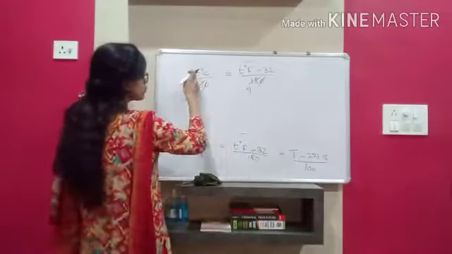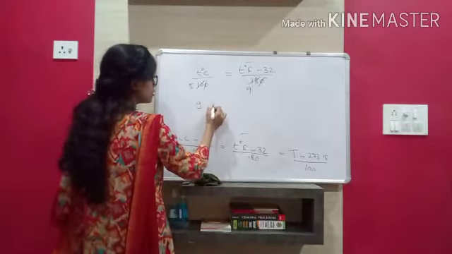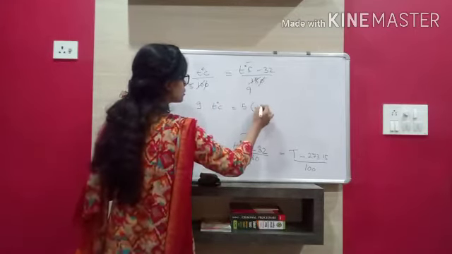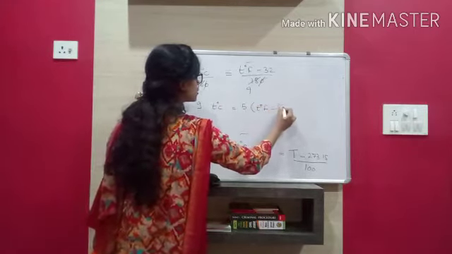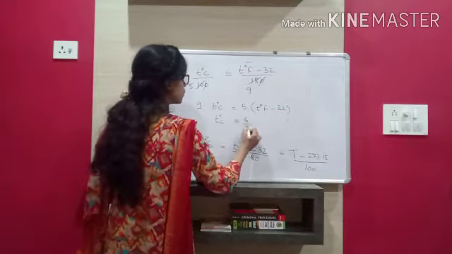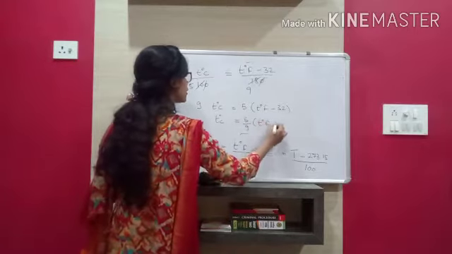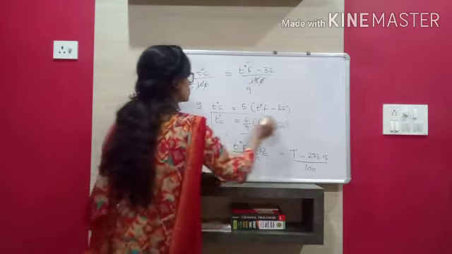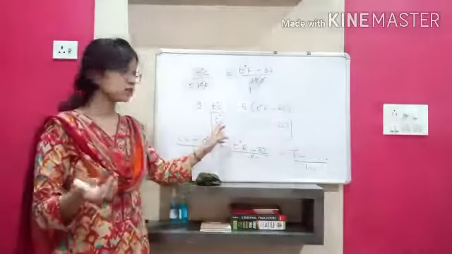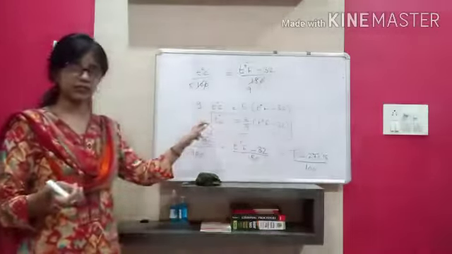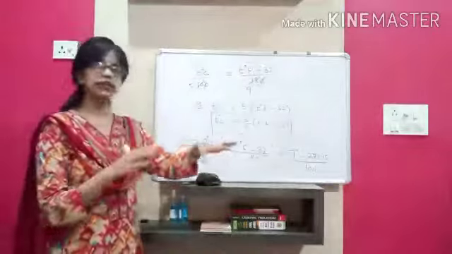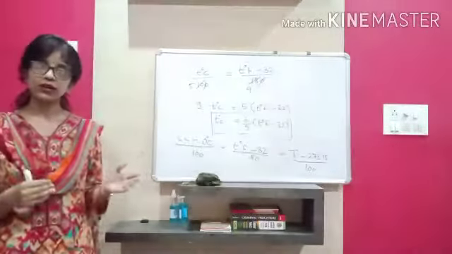Now this 9 will come to this side, so it is 9 times T degrees Celsius, and this will go to this side, 5 times temperature in Fahrenheit minus 32. Or temperature in degrees Celsius will be 5 over 9 times temperature in Fahrenheit minus 32. This is the formula to convert temperature from Celsius to Fahrenheit or Fahrenheit to Celsius. You also learned this formula in junior classes. So that's how you can use any two at a time and convert one temperature into the other.